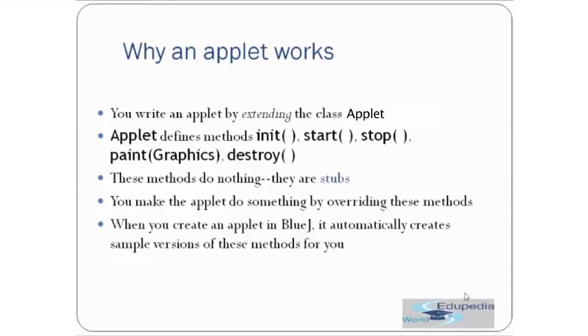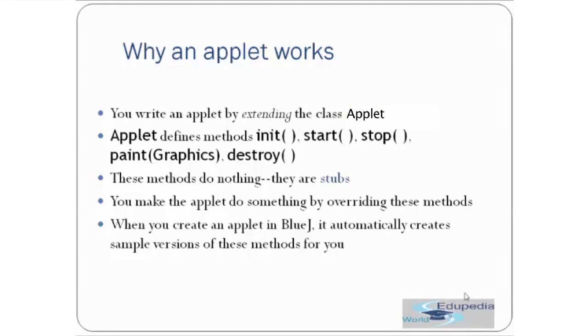Now, how does an applet work? You can write an applet by extending the class Applet, and Applet defines methods such as init, start, stop, paint, destroy. These methods do nothing, they are stubs. When we say stubs, it means they automatically get called when you start your applet.